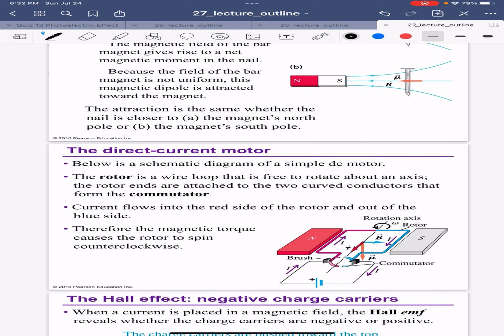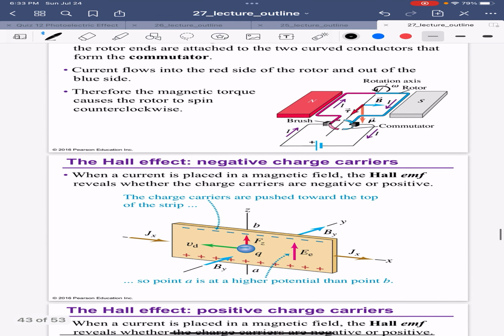When the current is flowing, we're going to have forces, and the forces are in directions that create a torque that makes it rotate. The magnetic torque here causes the rotor to spin counterclockwise.